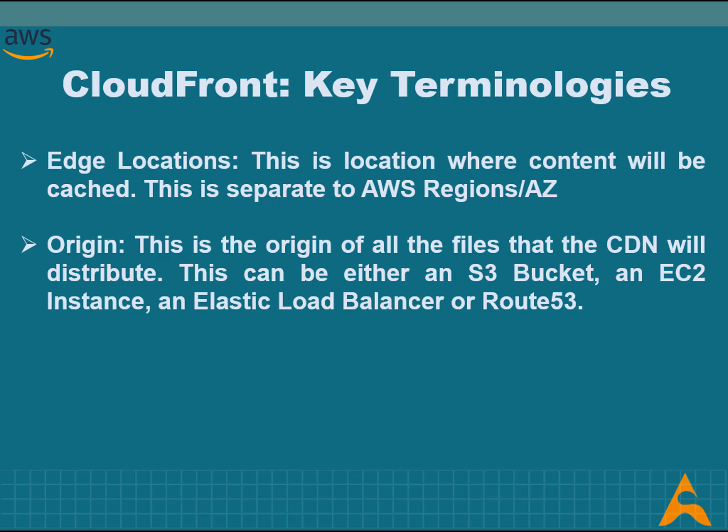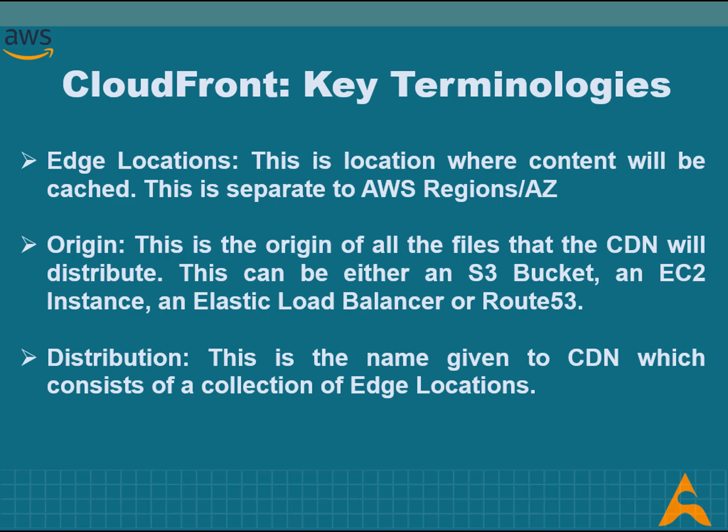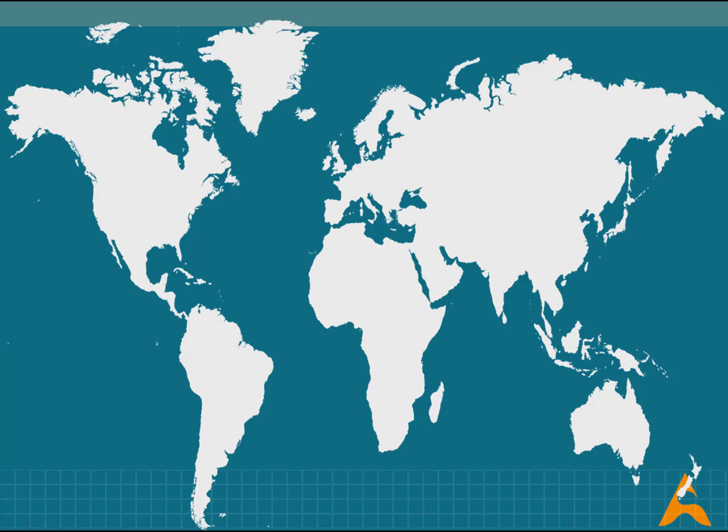Let's talk about distribution. It is a name basically given to a CDN which consists of edge locations. So when we create an AWS network with edge locations, this is called a distribution. Let's understand CDN by taking an example again on a world map. Let's consider again a web server whose origin server is in India. AWS edge locations are all around the world.